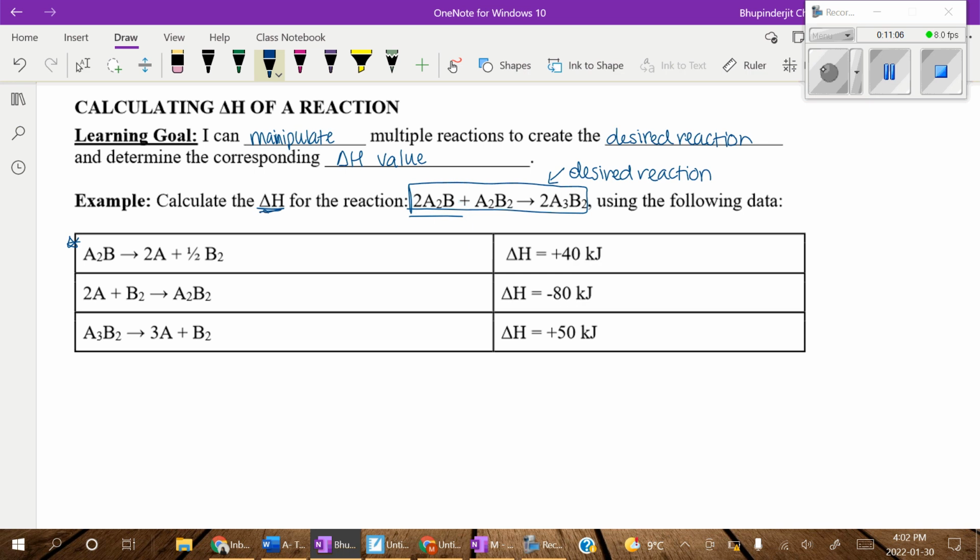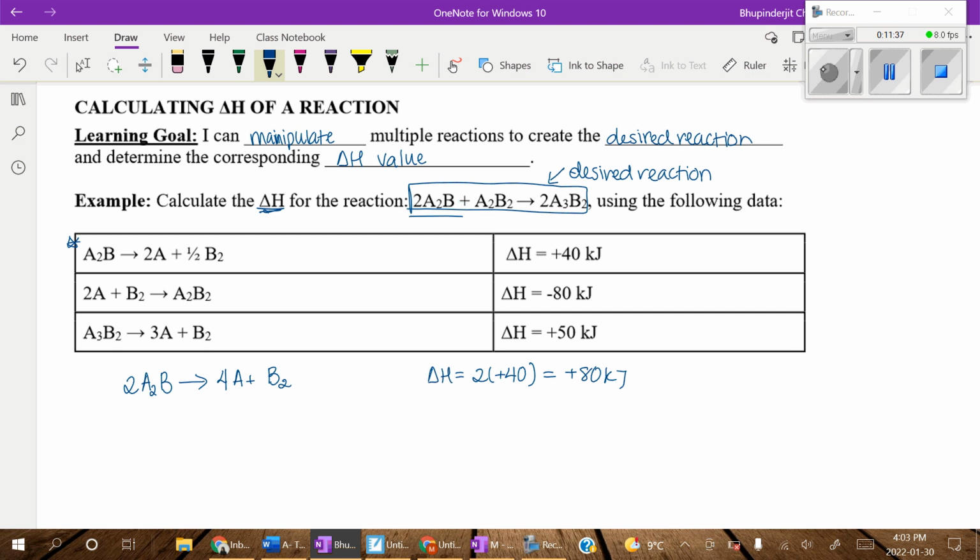So I'm going to take this original reaction and I'm going to go 2A2B going to 4A plus 1B, because a half times 2 is 1, plus B2. Delta H is going to be multiplied by 2, which gives me positive 80 kilojoules.